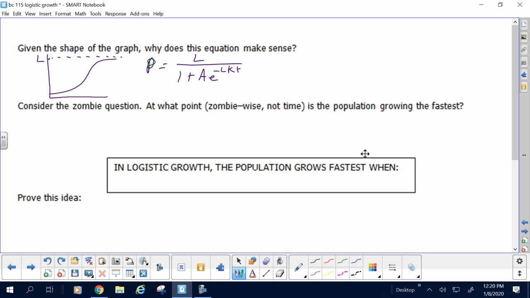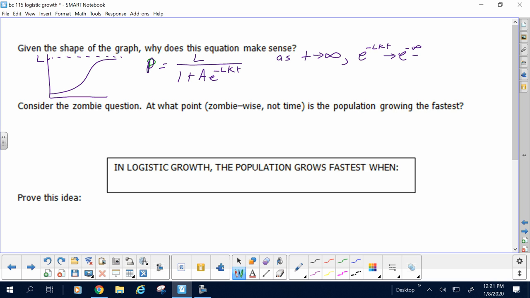As time goes to infinity in this equation, what does e to the negative LKT go to? e to the negative infinity, yeah?